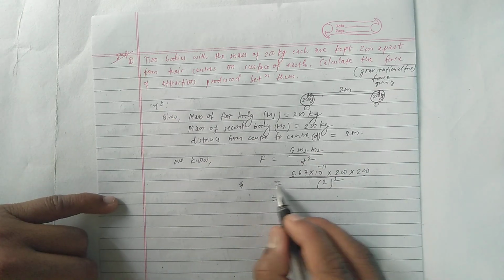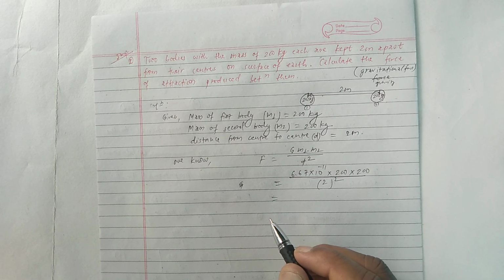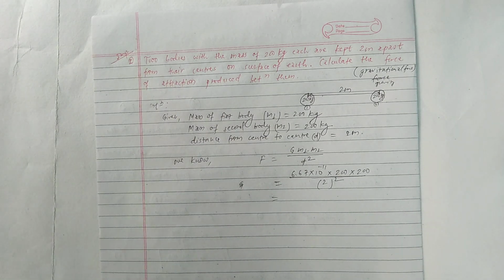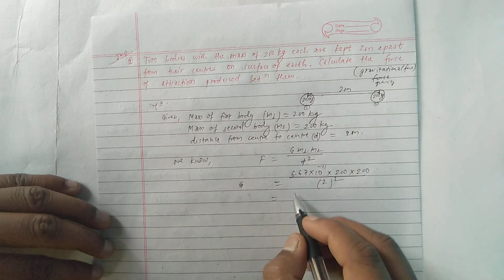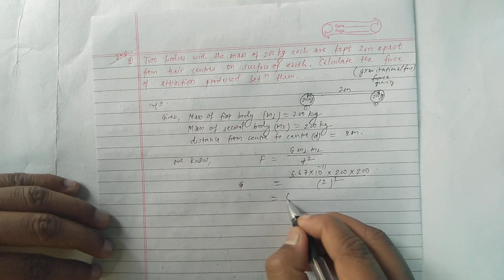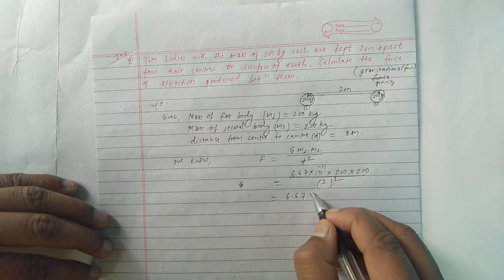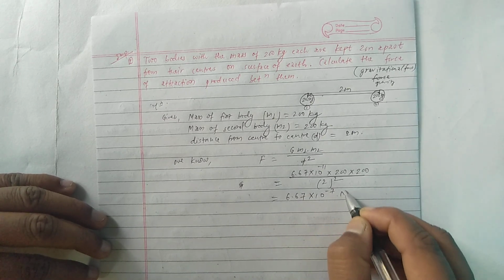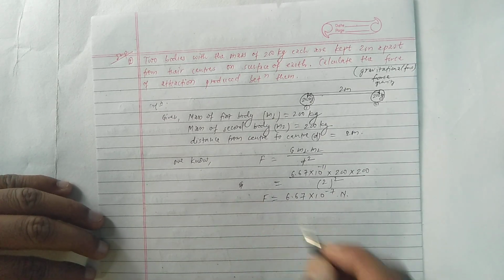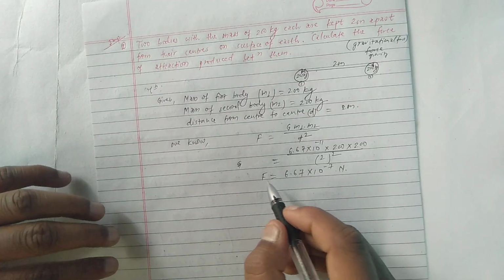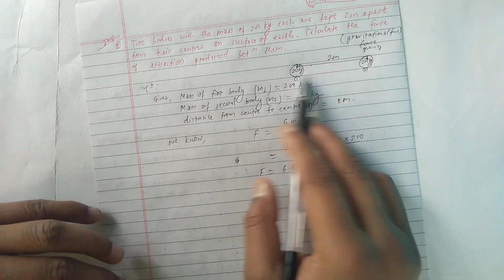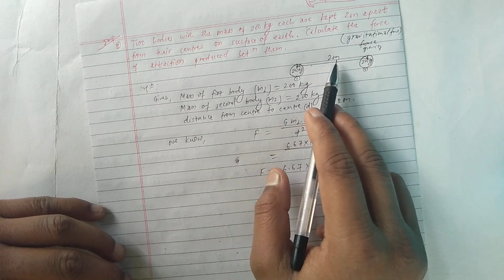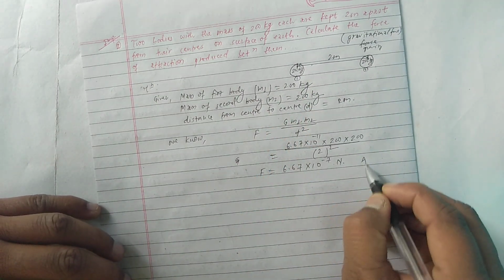After calculating all these values, if you calculate this in your calculator, the value becomes 6.67 into 10 to the power minus 7 Newton. This is our required force of attraction between these two bodies, each having a mass of 200 kg and separated by a center to center distance of 2 meters.